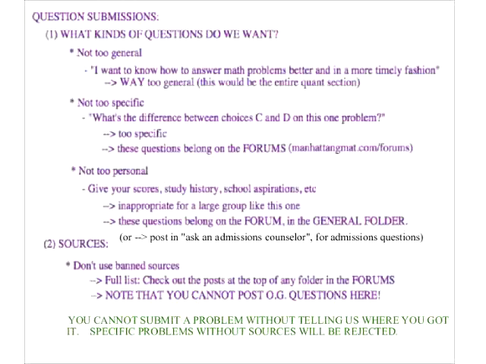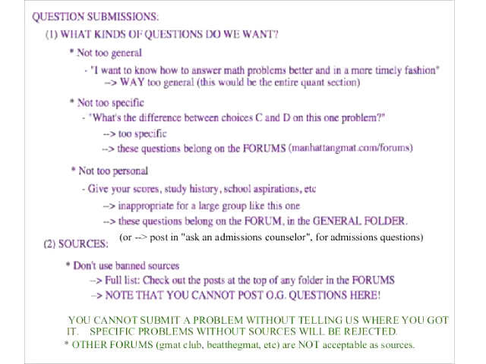Also, when you submit the source of the problem, the other thing to know here is that other forums, such as GMAT Club or Beat the GMAT or these other sources, are not acceptable as a source. Because forums are not really the source of the problem. I mean, forums are second stage.